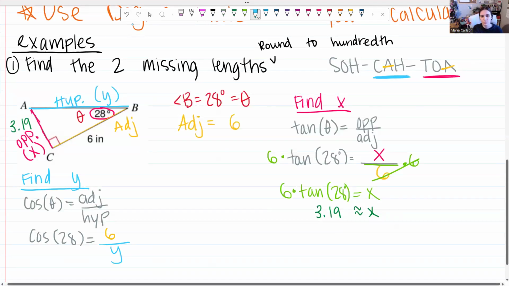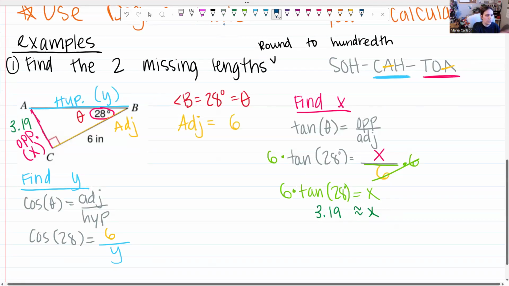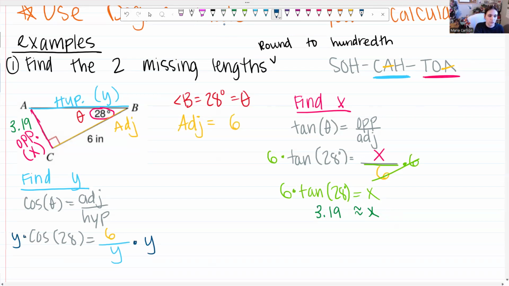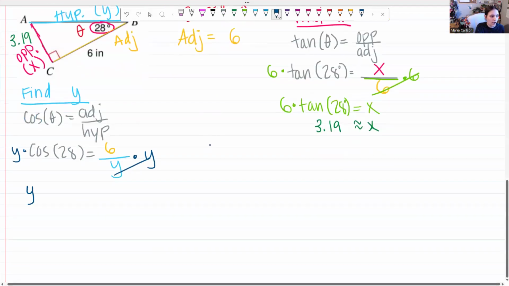So this is a little bit different to solve for y because y is in the denominator, but I don't like that. So I'm going to multiply both sides by y just to get y out of the denominator. When I do that, the y's will cancel on the right, and I get that y times the cosine of 28, whatever that value is, equals 6.